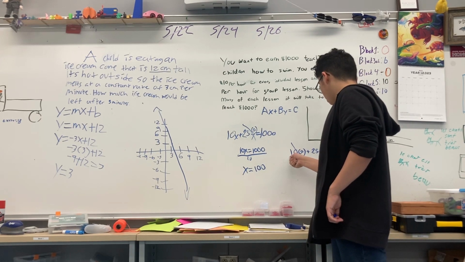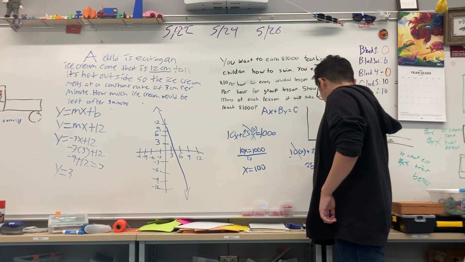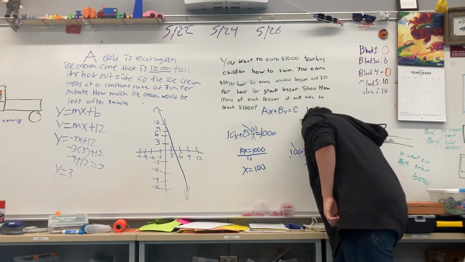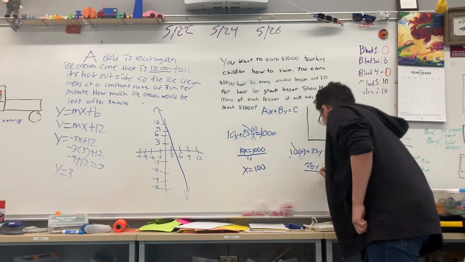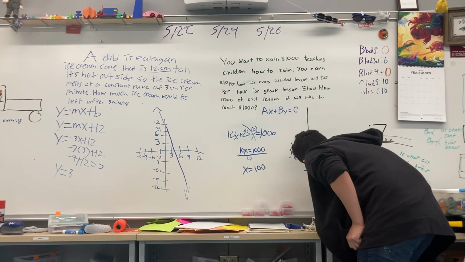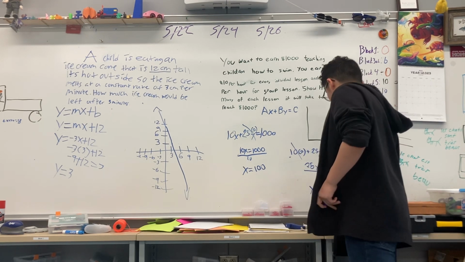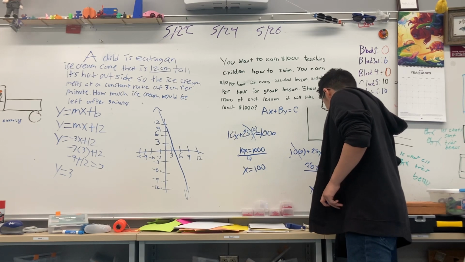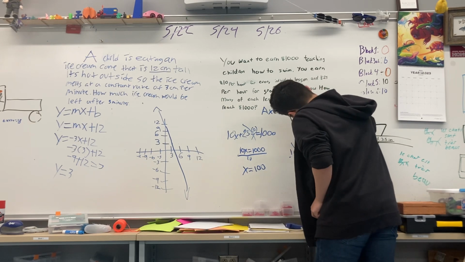So then we'll be left with 25y equals 1000. Divide both sides by 25 and then we have y equals 400.